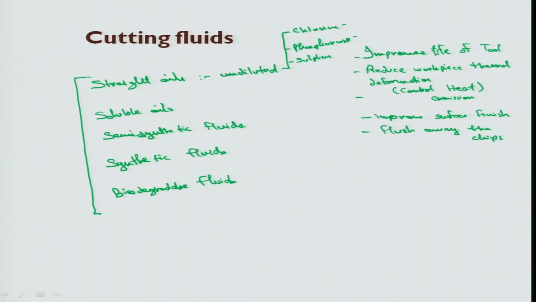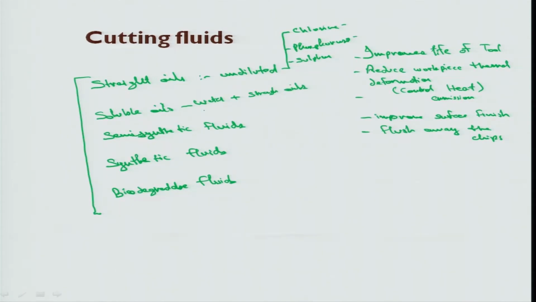So the next kind of cutting fluid is soluble oils. As the name itself suggests, they are soluble, used in a diluted form. So the soluble oil is an emulsion of water and straight oil. This is water plus straight oils maybe.